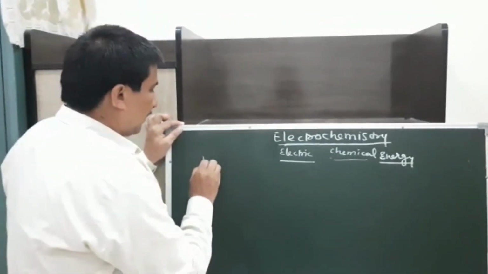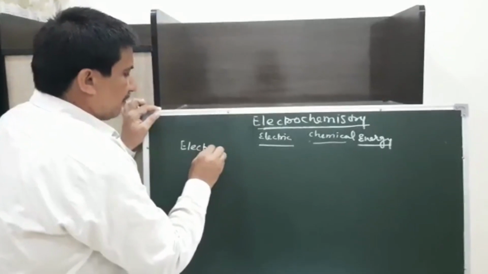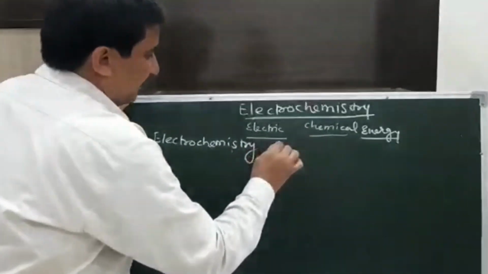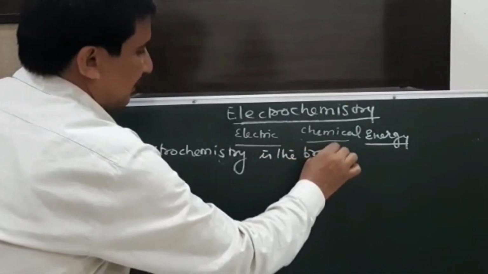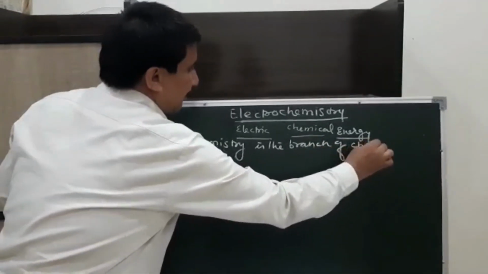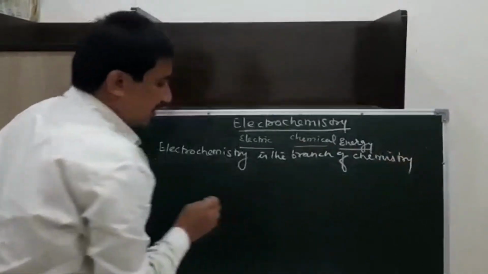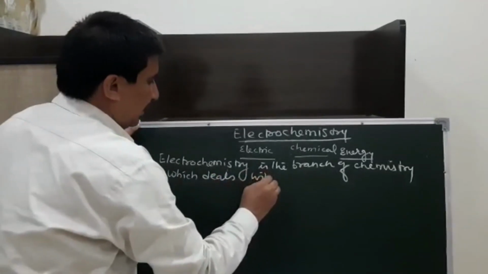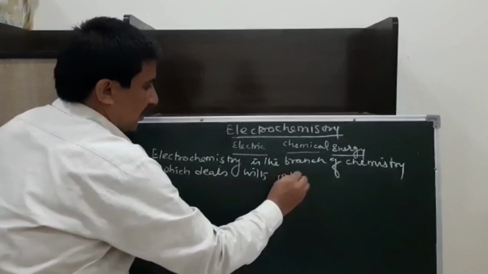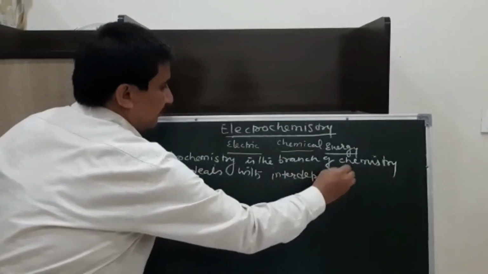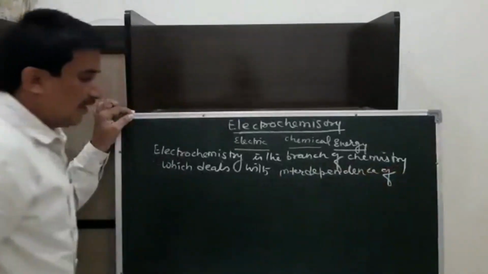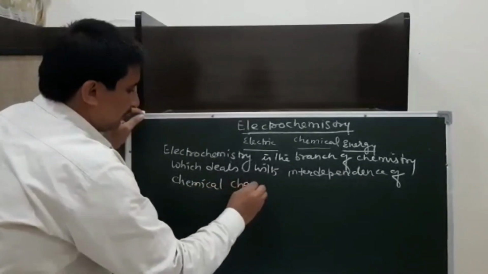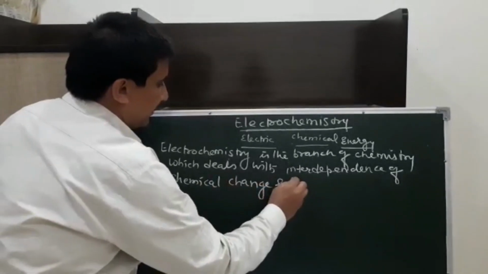So we can define electrochemistry as the branch of chemistry which deals with the interdependence of chemical change and electrical energy.